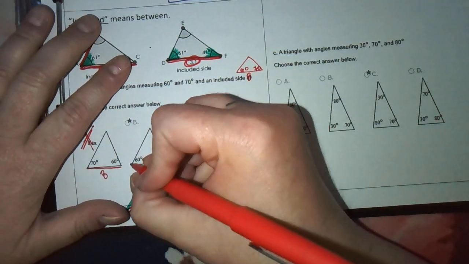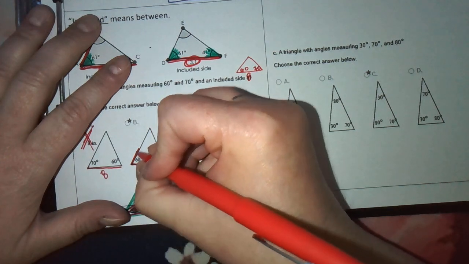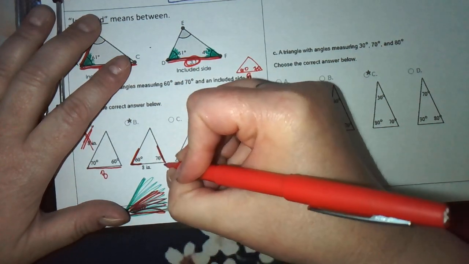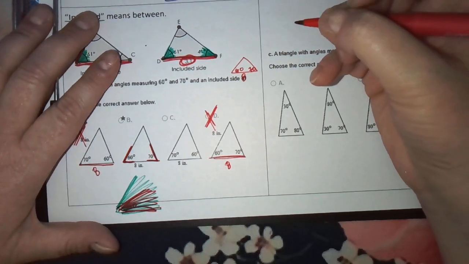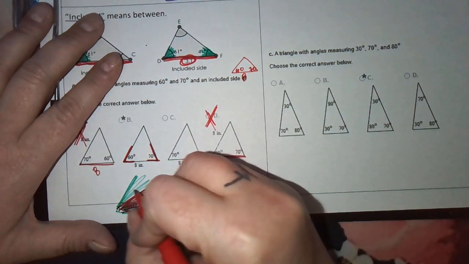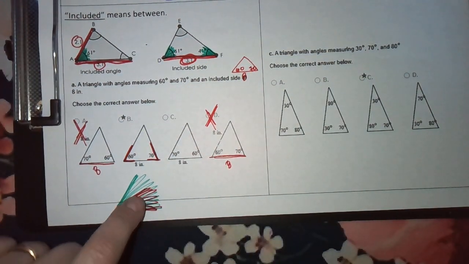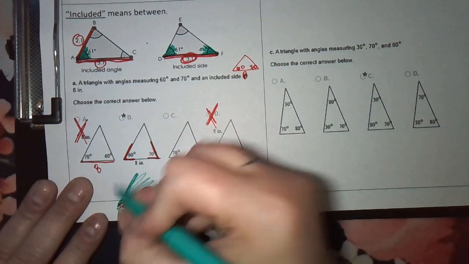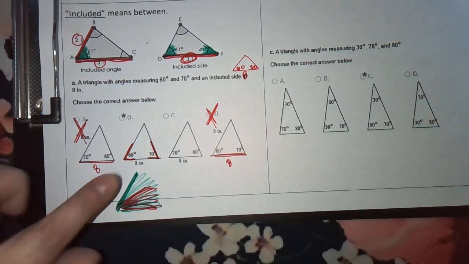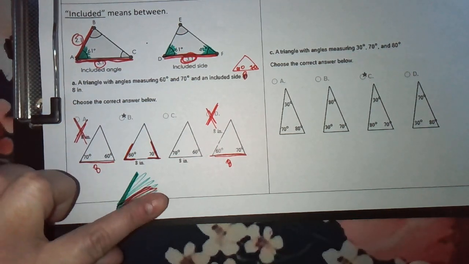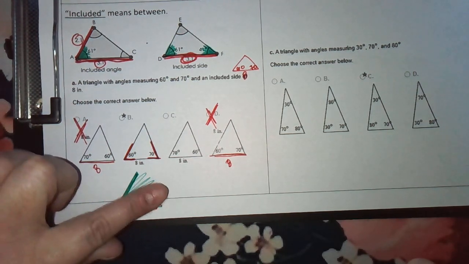Part B, it looks like the 60-degree angle is this, and the 70 is that. Okay, so in this picture of the green and the red, look how the tilt of the line, it doesn't fall down as hard. It's not as low.